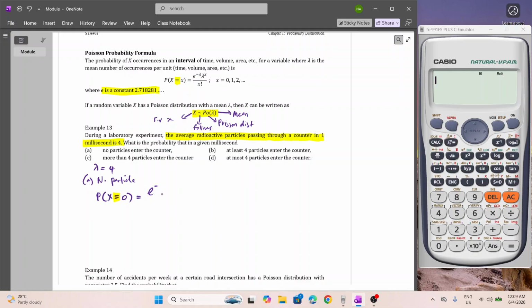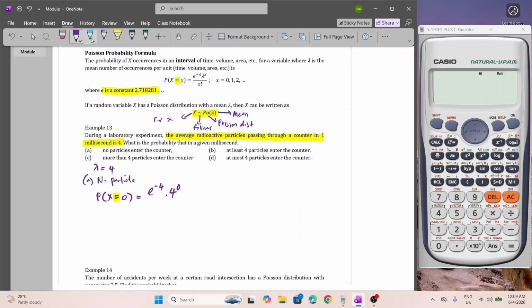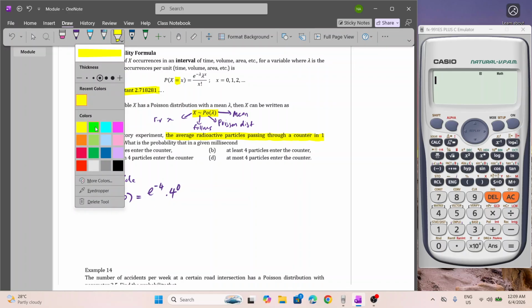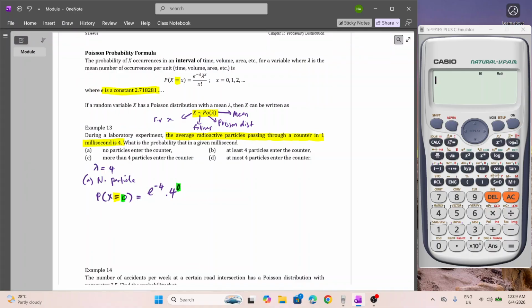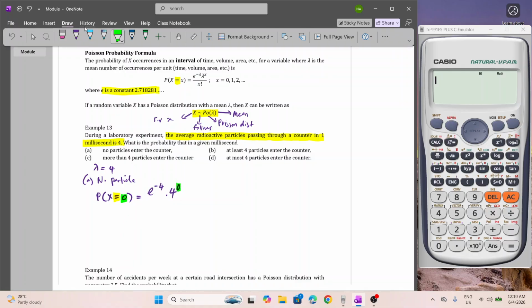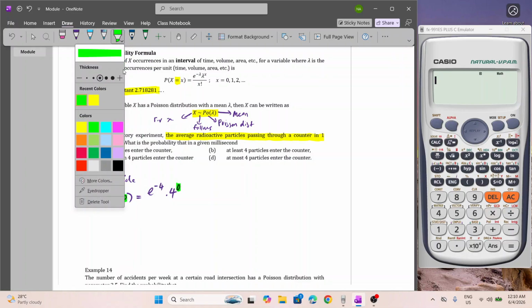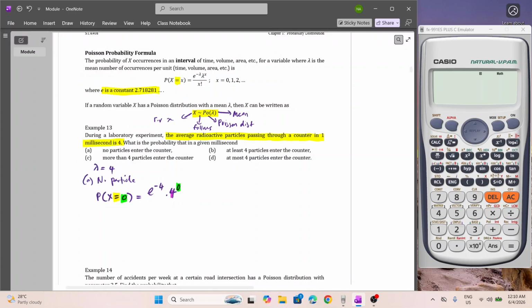So put it into the formula. 4 times 4 to the power of x. X is 0, right? So x is 0. So that you know where to put it, how to put it into the formula. And for this one, maybe we want to use these values. So this is referring to the same value, which is the mean for the problem.